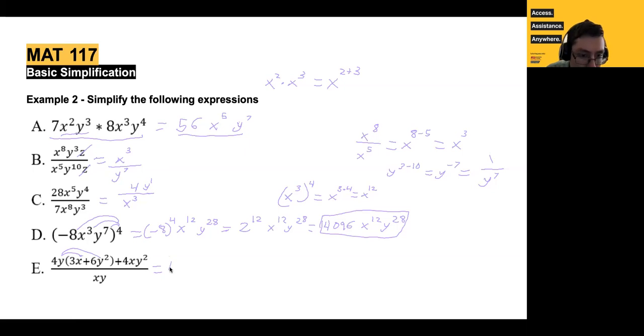So 12 is 4 times 3, xy, and plus 24, y times y squared is y cubed. And then we keep the 4xy squared, and this is all over xy.